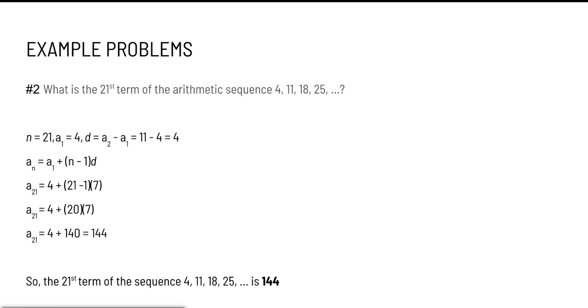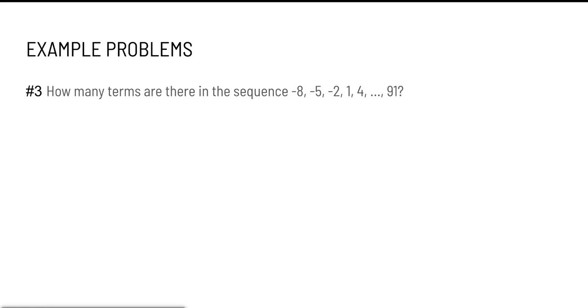Now, looking at our last example, to make it even more challenging, example number 3. How many terms are there in the sequence -8, -5, -2, 1, 4, and so on until it goes to 91? So now we're looking for how many terms there are instead of the 21st term or the first 4 terms.